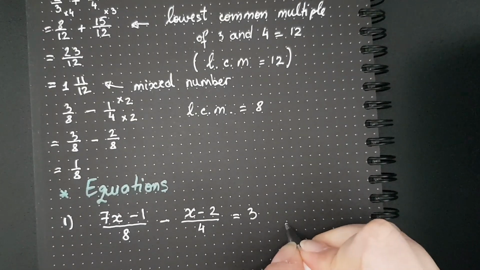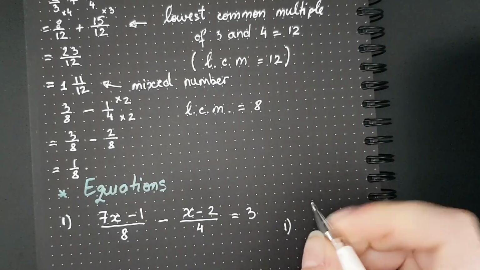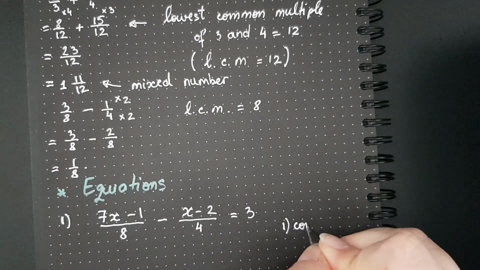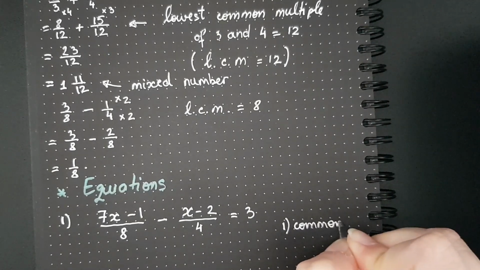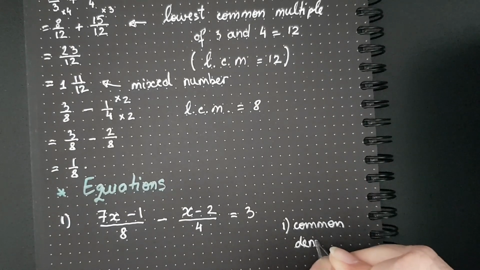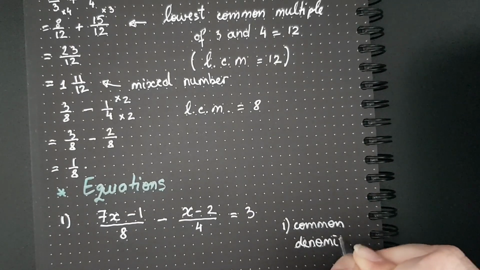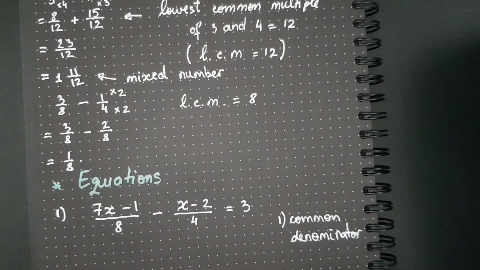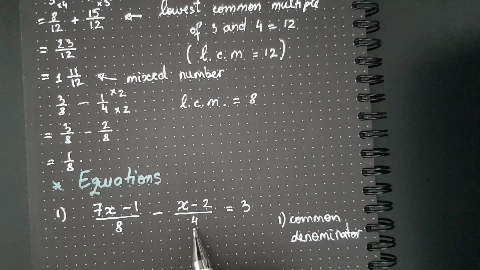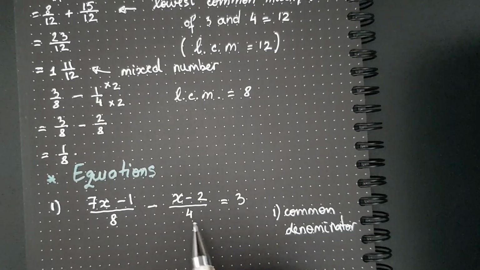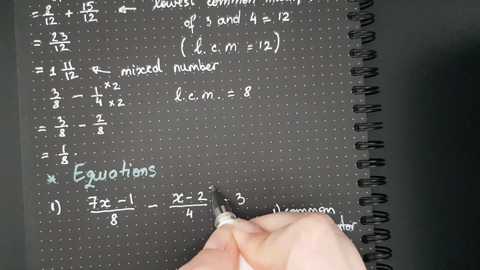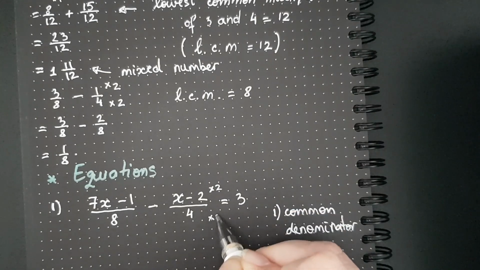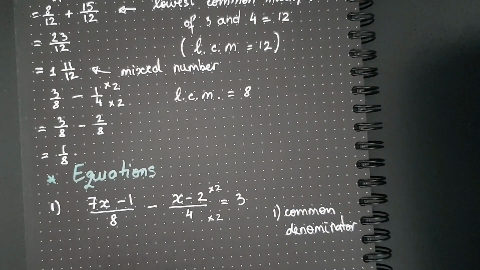So the first thing I would do in this case, I would find the common denominator, which in our case is going to be related to the lowest common multiple of 8 and 4, and that for us is 8. So I'm multiplying this one by 2 and I'm leaving that one as it is.